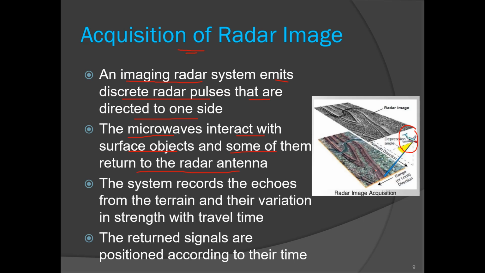The travel time will be different for different objects, and the energy reflected back will also be different. The system records the echoes from the terrain and their variation in strength with travel time. The return signals are positioned according to their time.